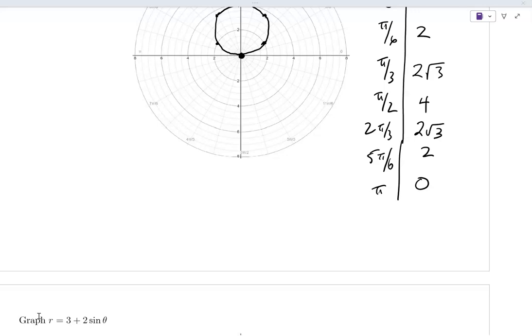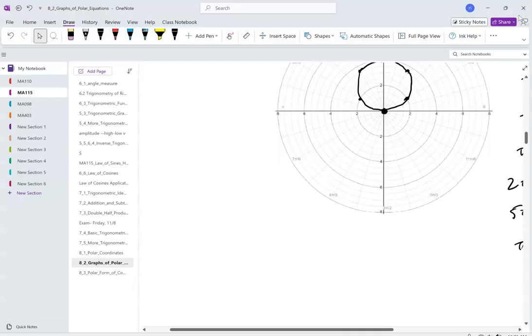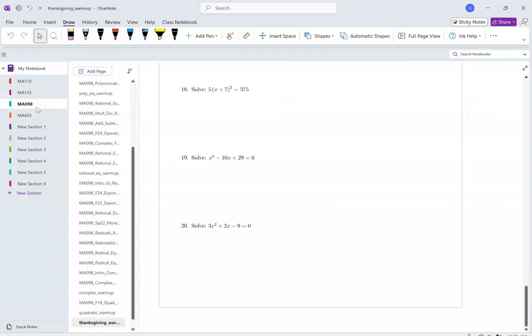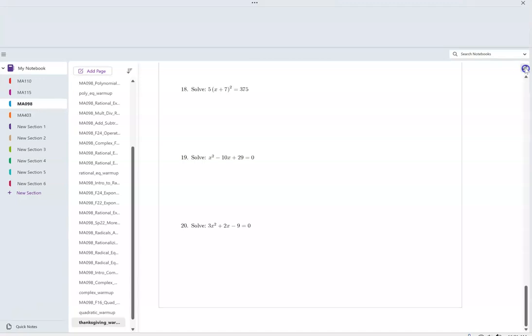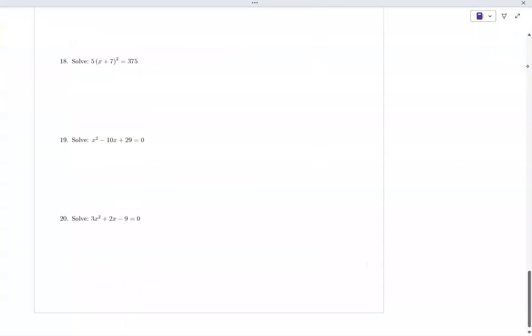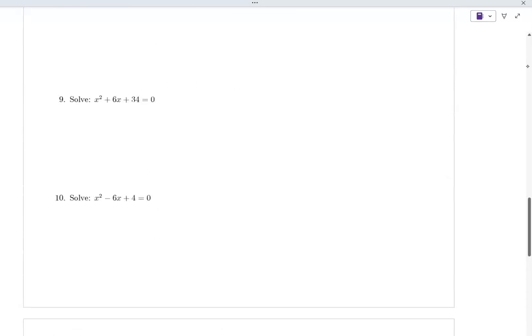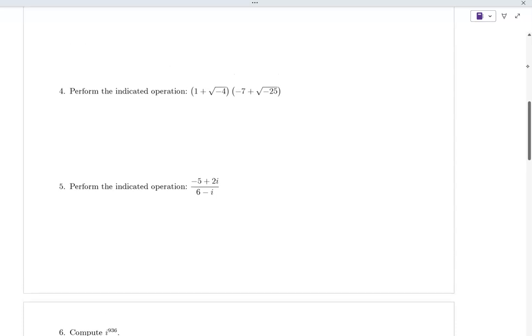To do today was, rather than do anything new, let's just review all the stuff that we talked about before break. So I've got this worksheet basically split into two parts. We've got doing some operations with complex numbers, and then doing some of the equation stuff, solving stuff that we did last time.